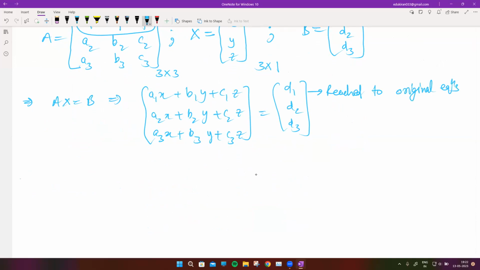So I'm actually writing out the method. AX is equal to B. How did we reach our solution? What do we need to do? So what I'm doing is pre-multiplying. Pre-multiplying and post-multiplying are two important things.